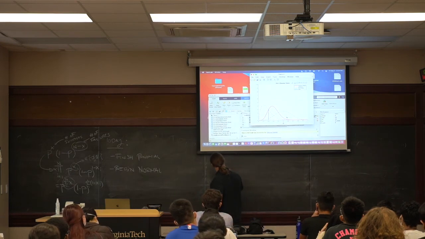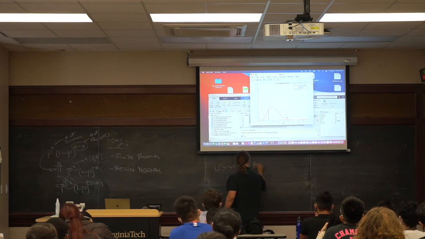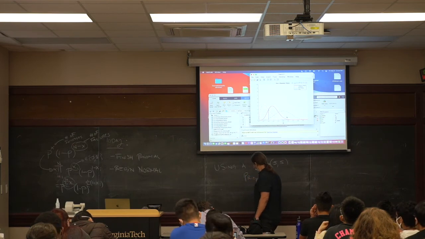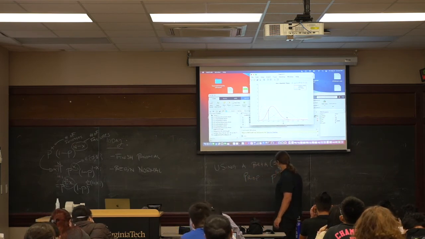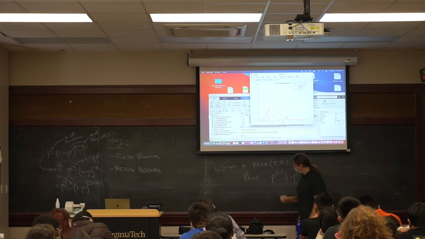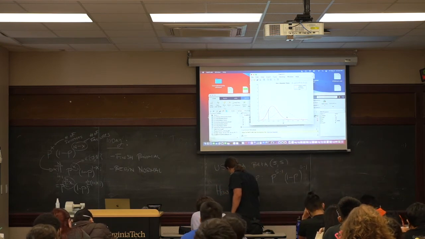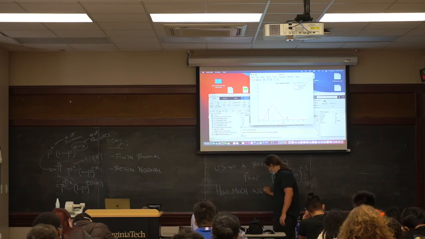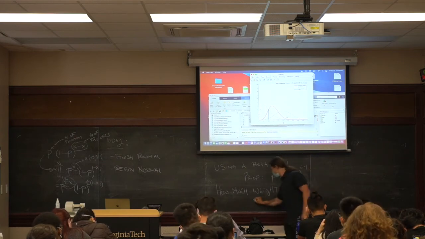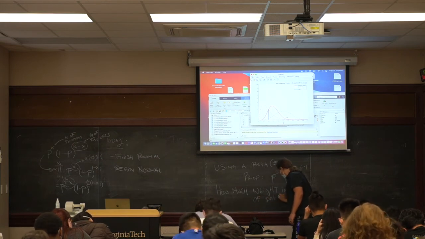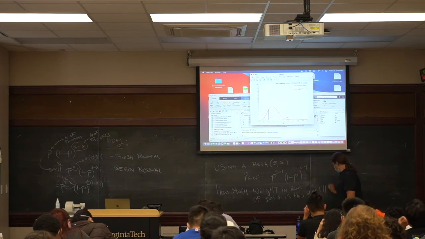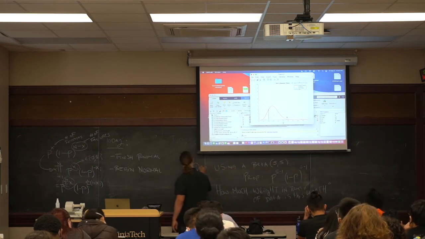So using a beta 5,5 prior, i.e. p to the 5 minus 1, 1 minus p to the 5 minus 1, how much weight in terms of data is this worth? What do you think?